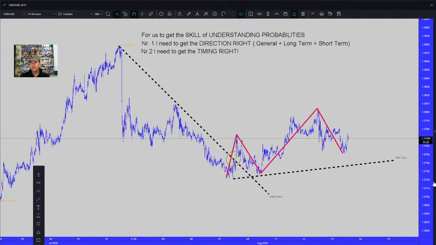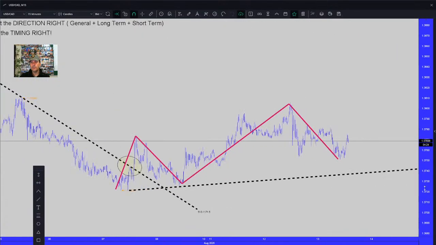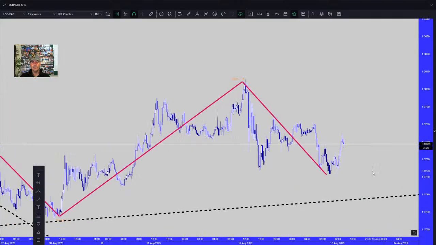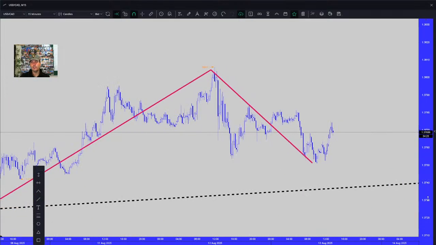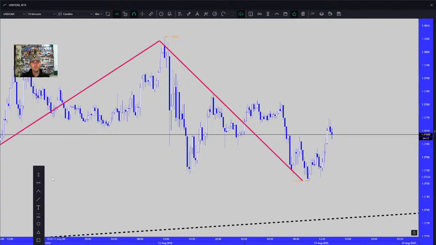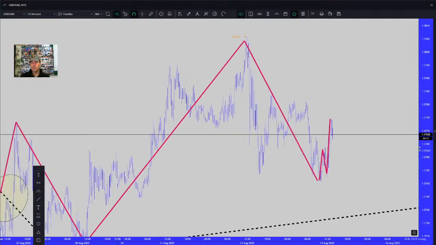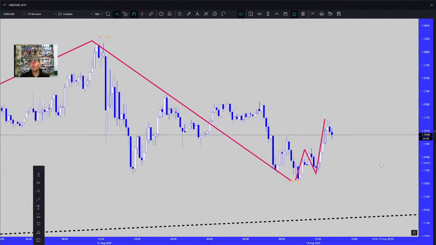Okay, so if we zoom in on the USD CAD 15-minute chart, short term, isn't the market making higher highs, higher lows, everybody? Short term, just an example again.